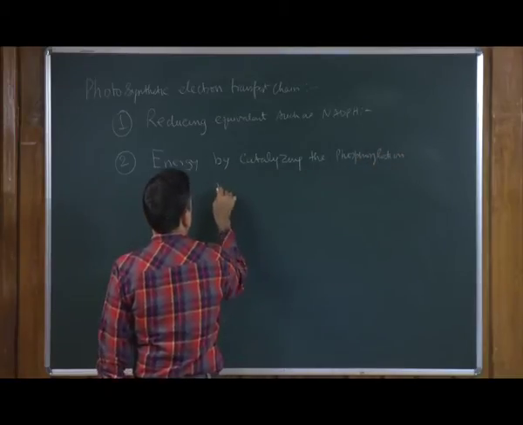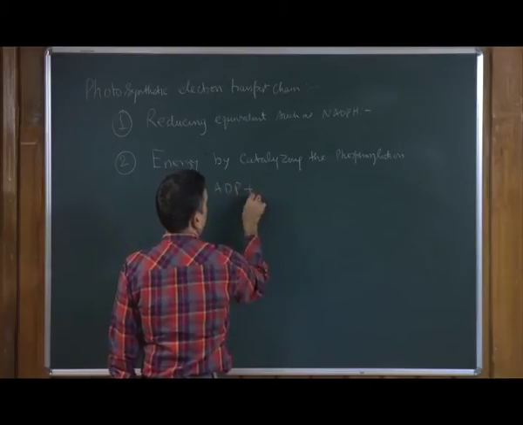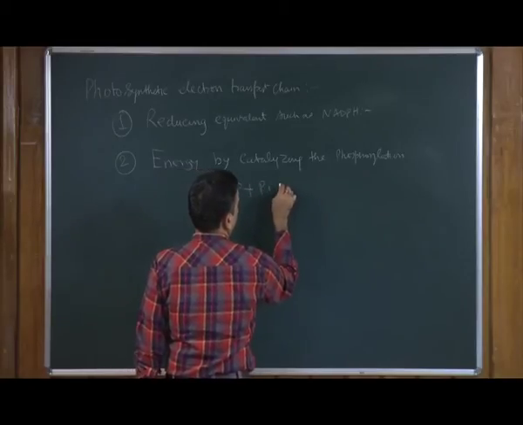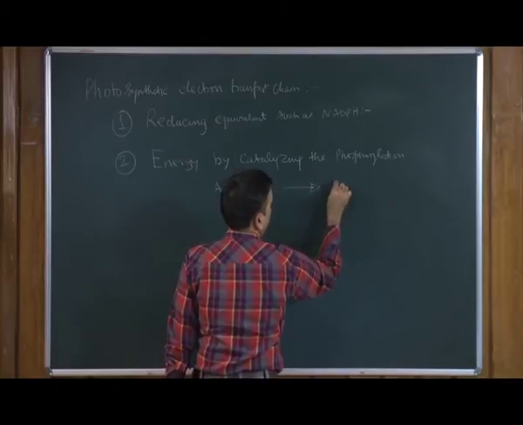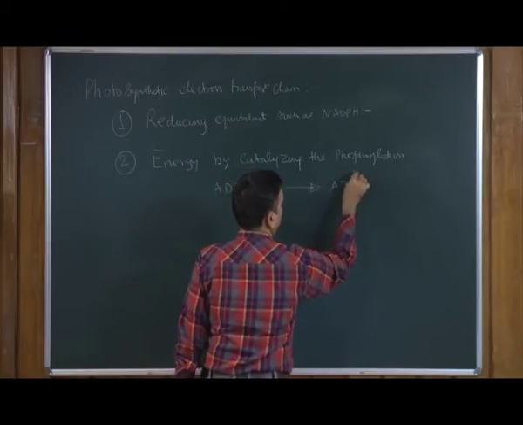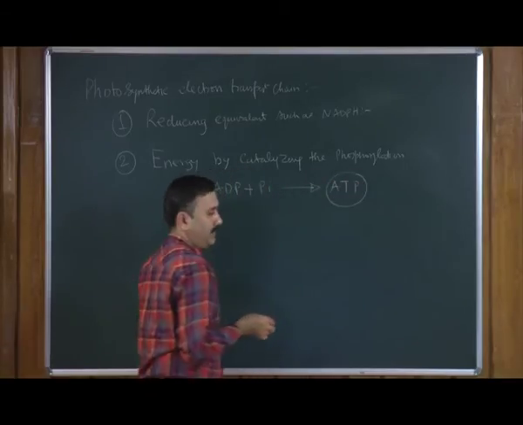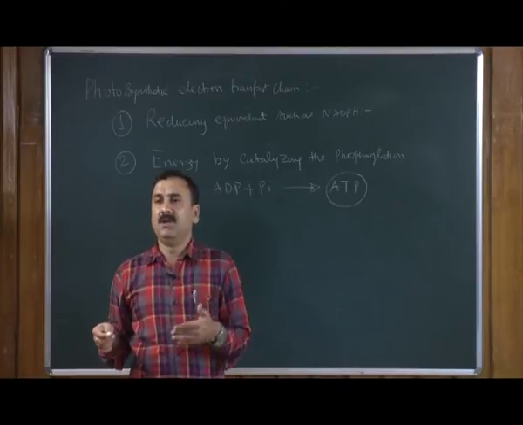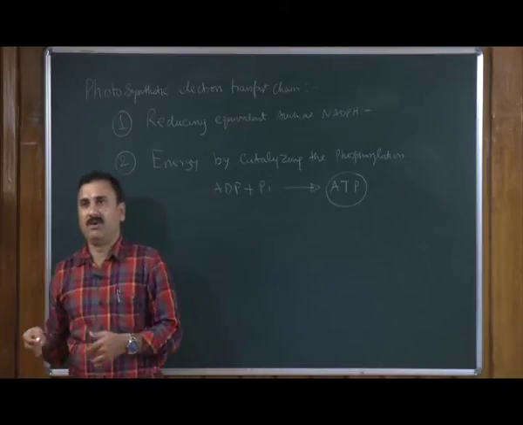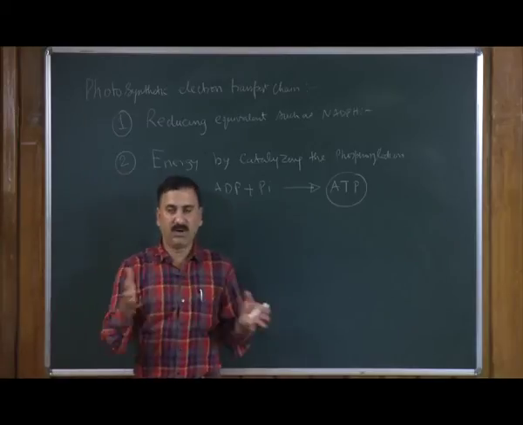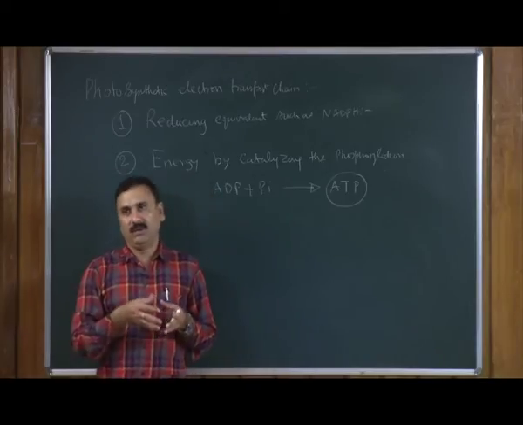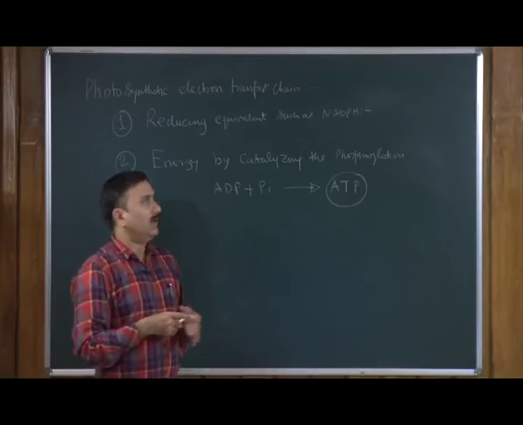It is catalyzing a phosphorylation reaction where it uses ADP and Pi to generate the ATP, and that ATP is used for various steps within the downstream chemical reactions, which are part of this part of the photosynthesis.